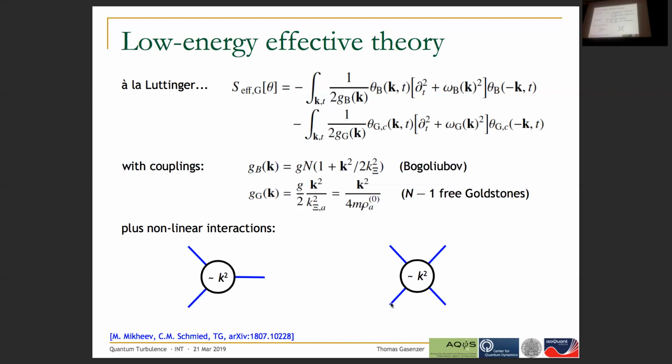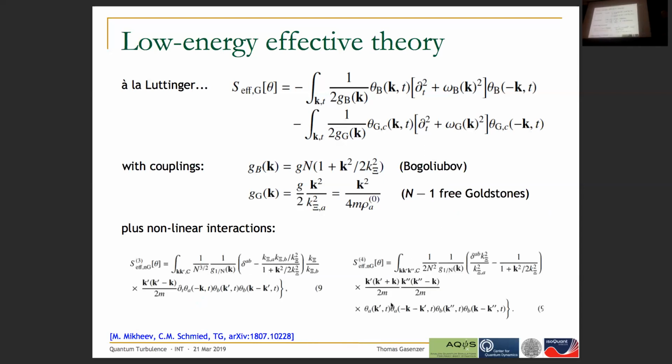So what I get is 3-particle and 4-particle vertices, which are now at tree level already depending on momentum. And these vertices describe the scattering of those phase angle excitations. This is how they look in practice.